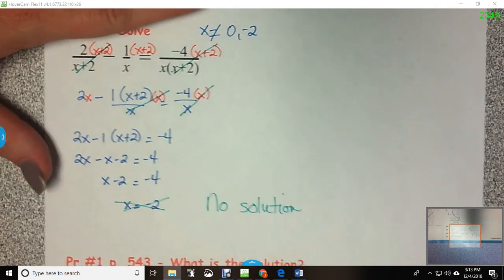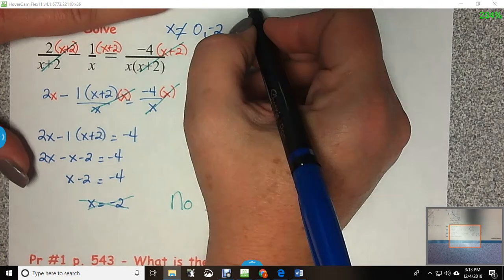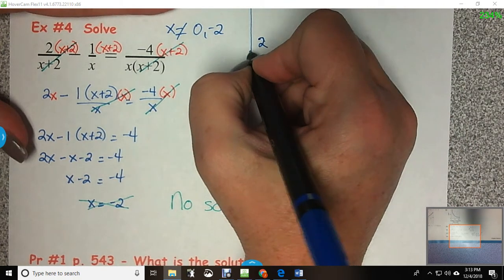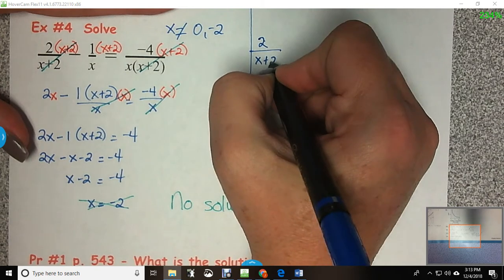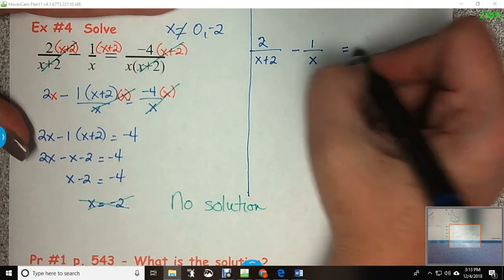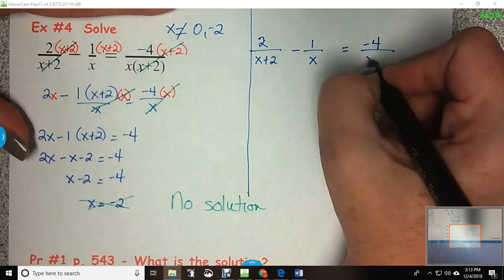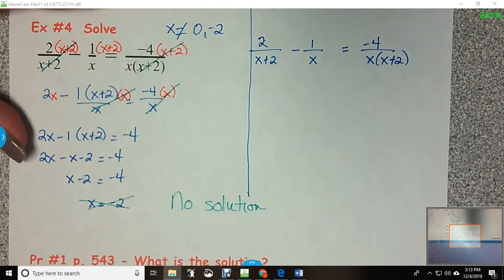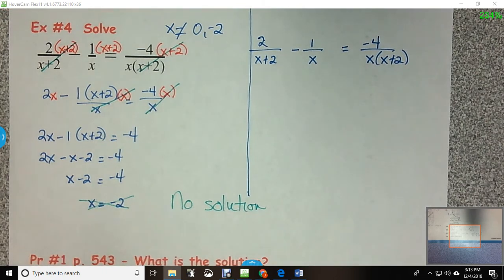All right, so same problem. I'm going to come over here and recopy it. All right, the second option for working this problem is to get common denominators for every term.